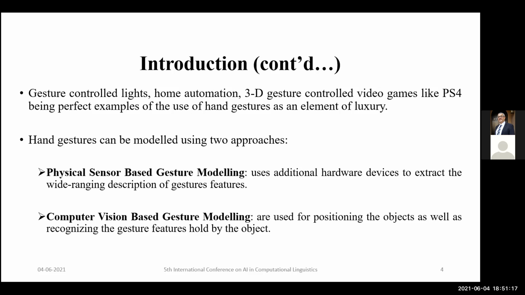As we move our hand, all these sensors generate some values, and we use these values to prepare a model which can tell what the gesture exactly is. That is also exercised in the research domain, but it is a bit costlier.